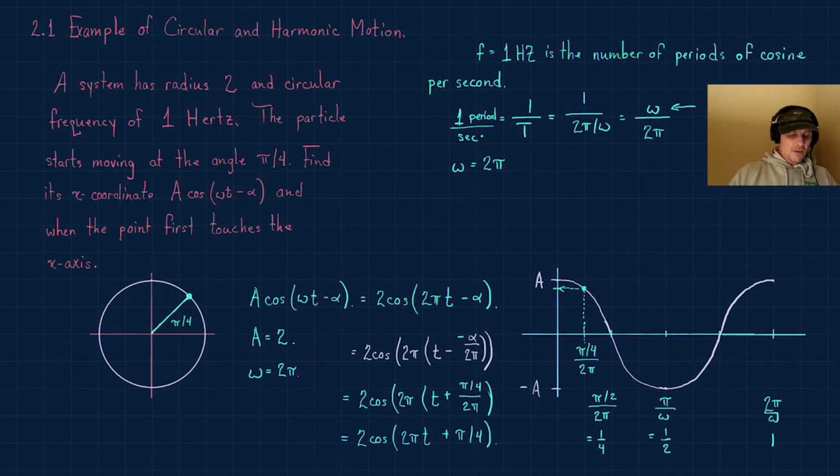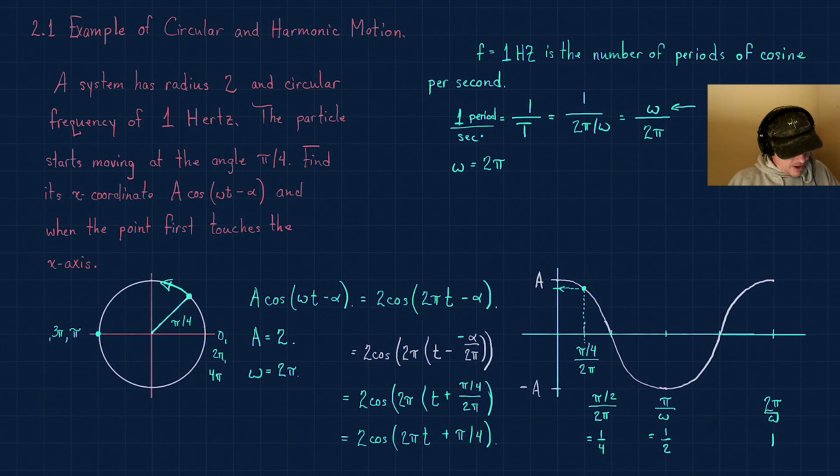So then the final question is, when does this particle touch the x-axis? Well, we're traveling, remember, in the counterclockwise direction. So we're going to hit the x-axis over here on the left, the minus values. Well, when is cosine minus 1? It happens at pi. It happens at 3 pi, because then 2 pi, this is 0, 2 pi, 4 pi.